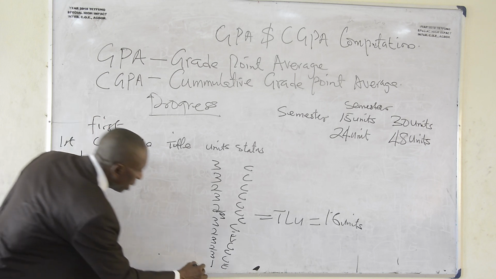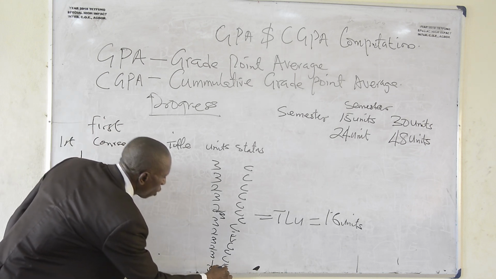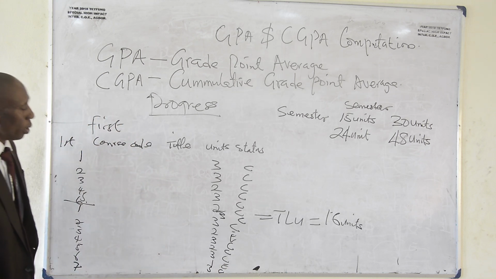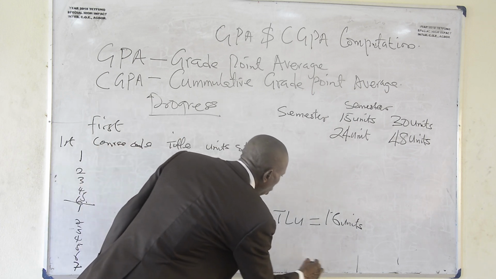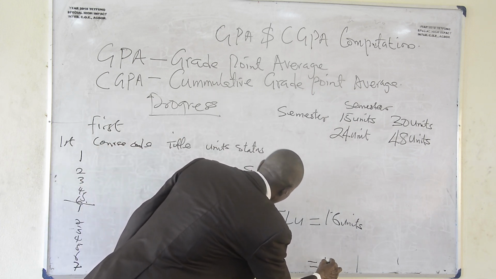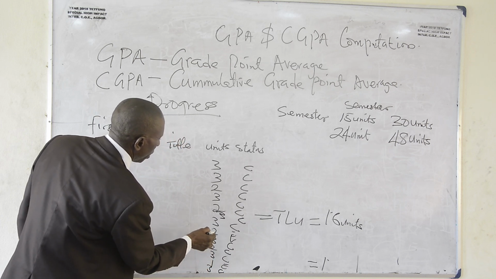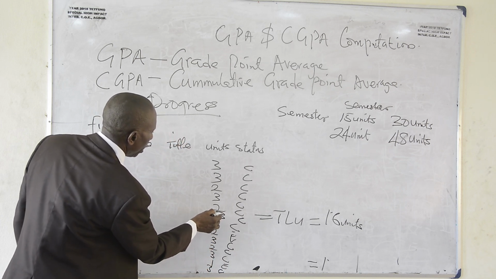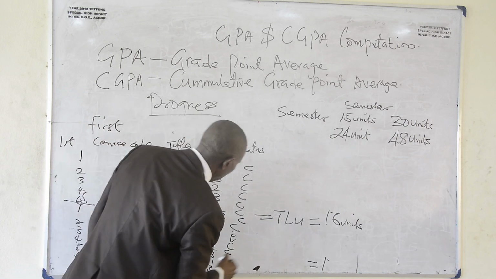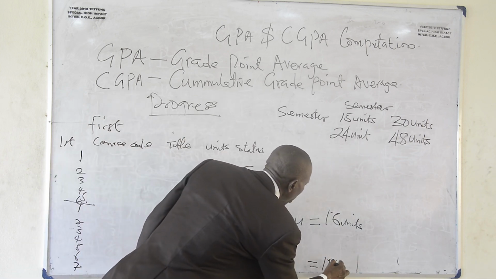So we are going to add 3 units, making a total of 18 units.